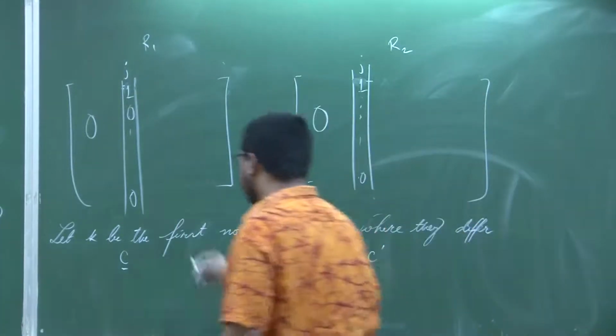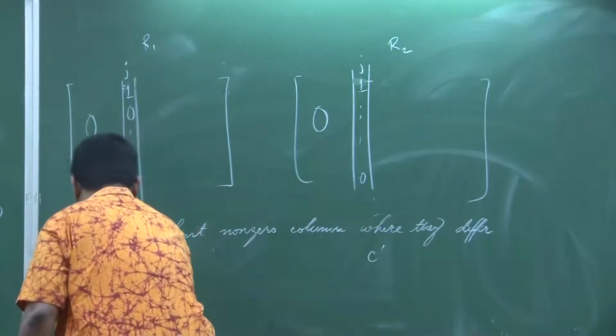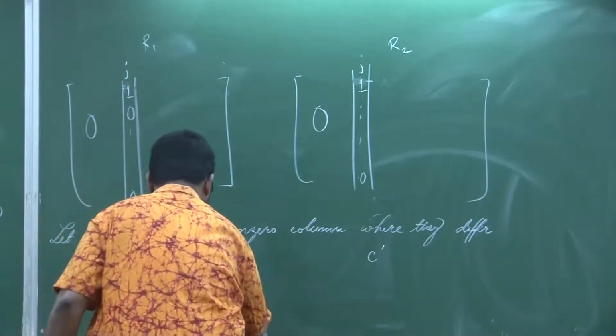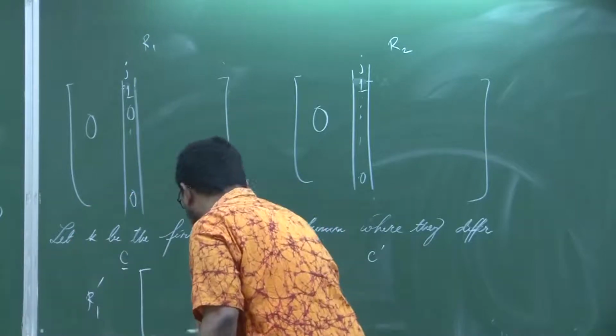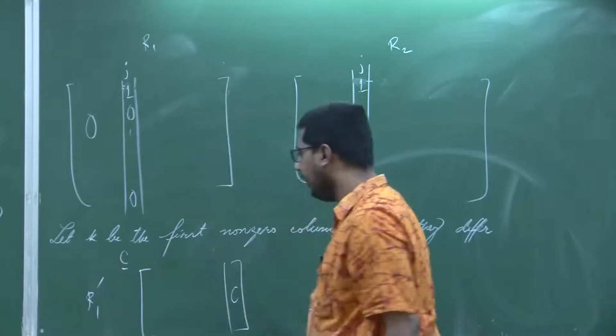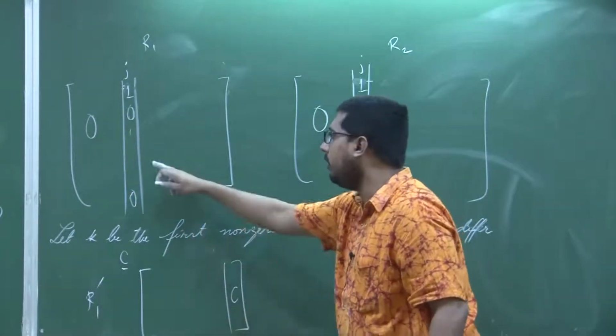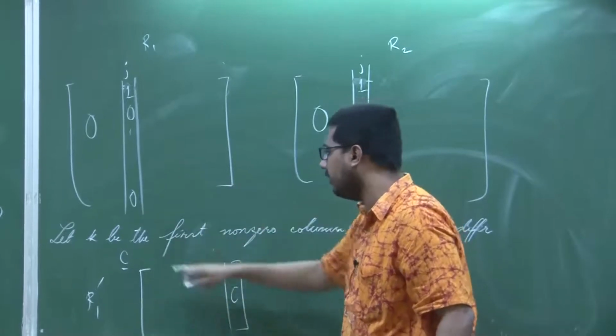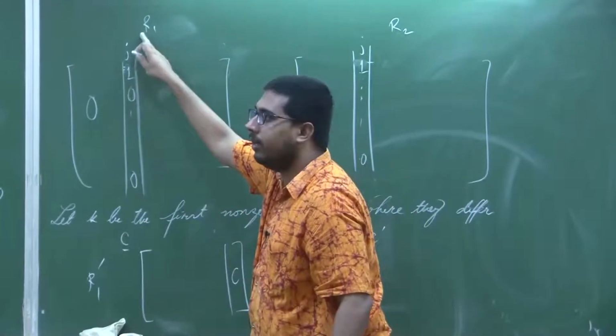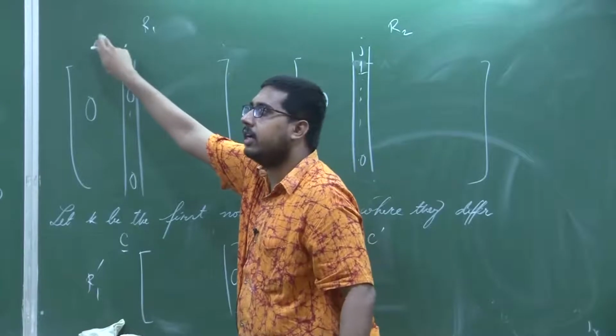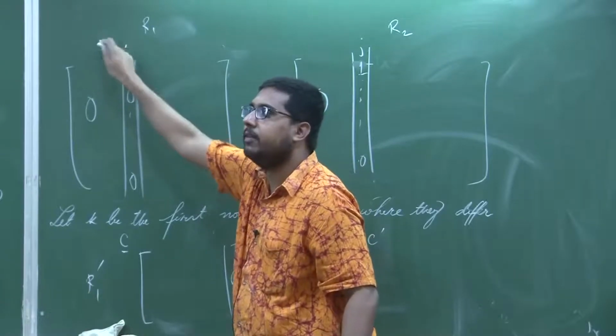So, from R1 we will make the following matrix R1 dash in such a way that the last column of R1 dash will be this C, and before that we will pick up all the columns left of the kth column in R1 which contain pivots.